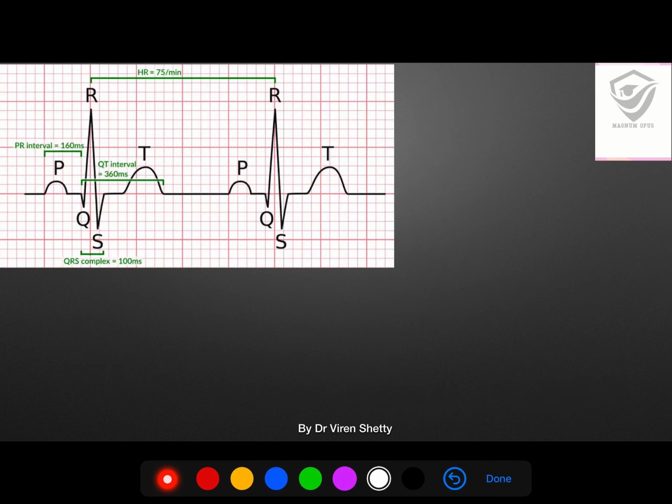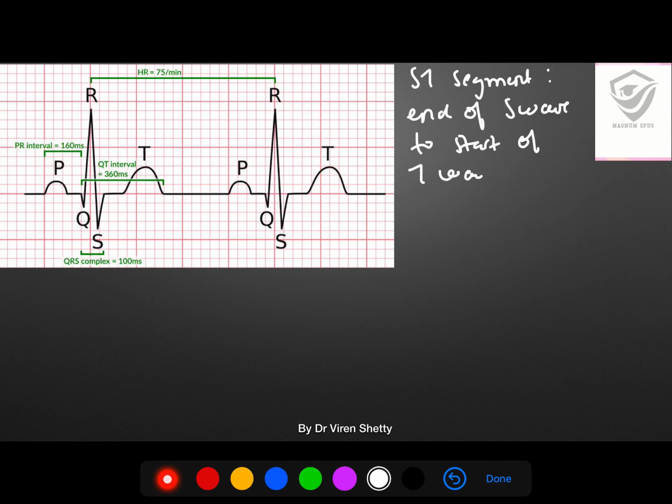Now the ST segment. What is the ST segment? It is from the end of the S wave to the start of the T wave.